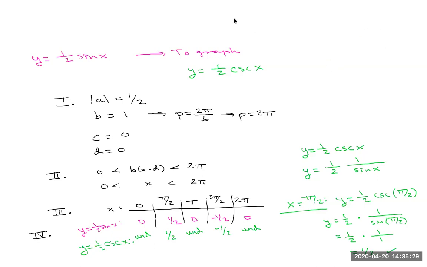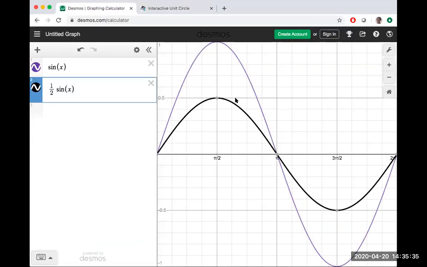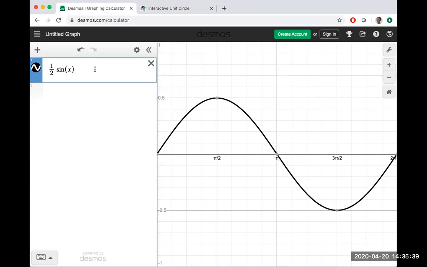Let me go to Desmos. On the same plot, I'm going to plot 1/2 cosecant x.